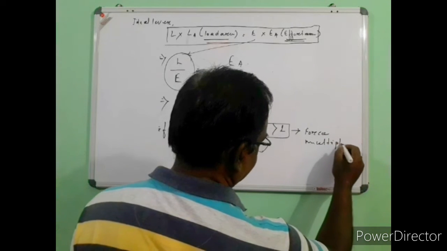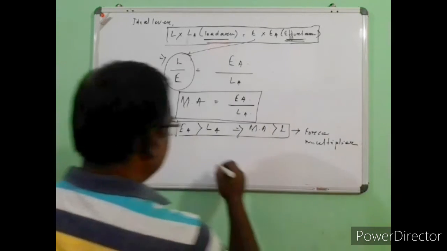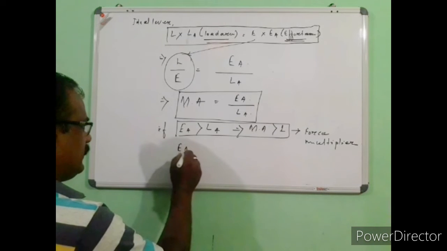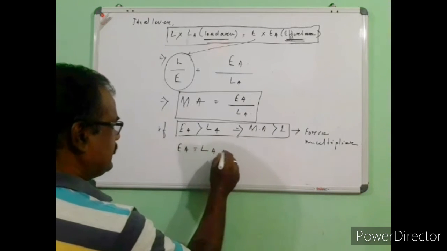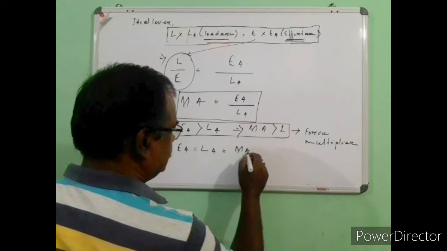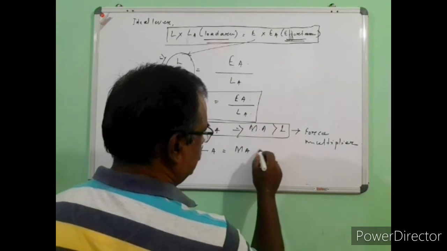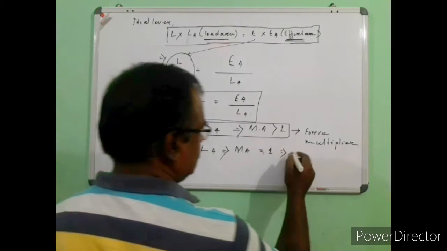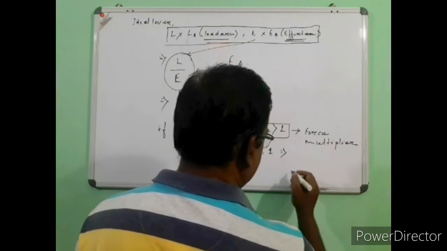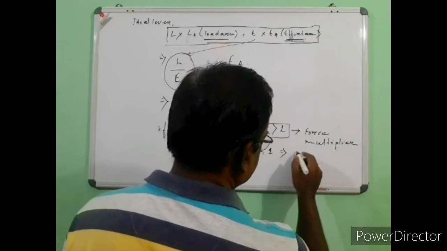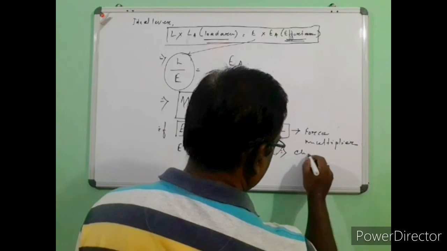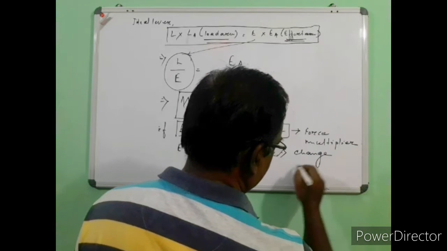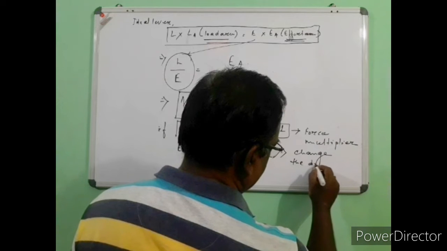Force multiplier. Similarly, if effort arm is equal to load arm, then mechanical advantage will be exactly equal to 1, and in such cases this can be used for those levers which change the direction of applied force.